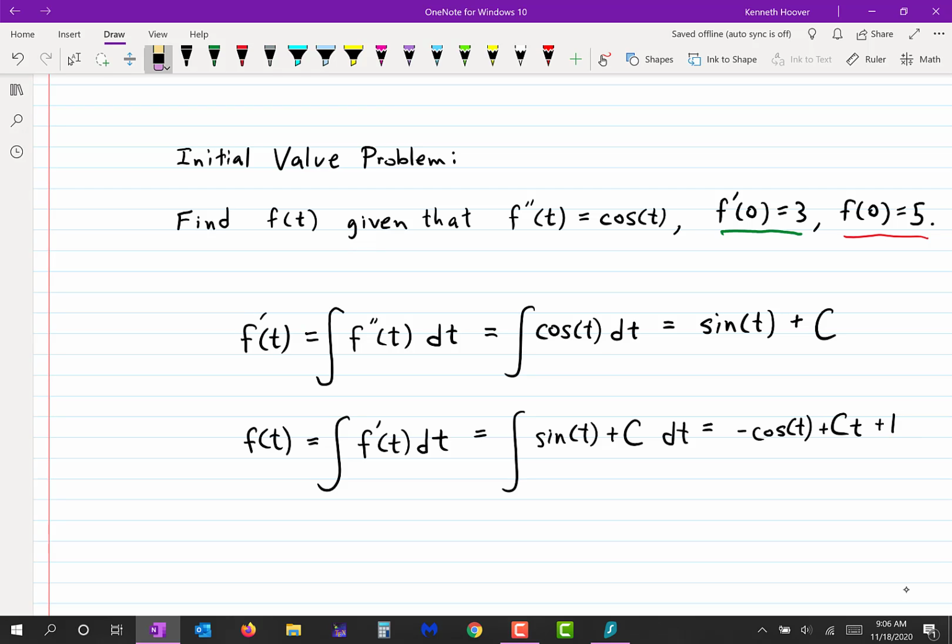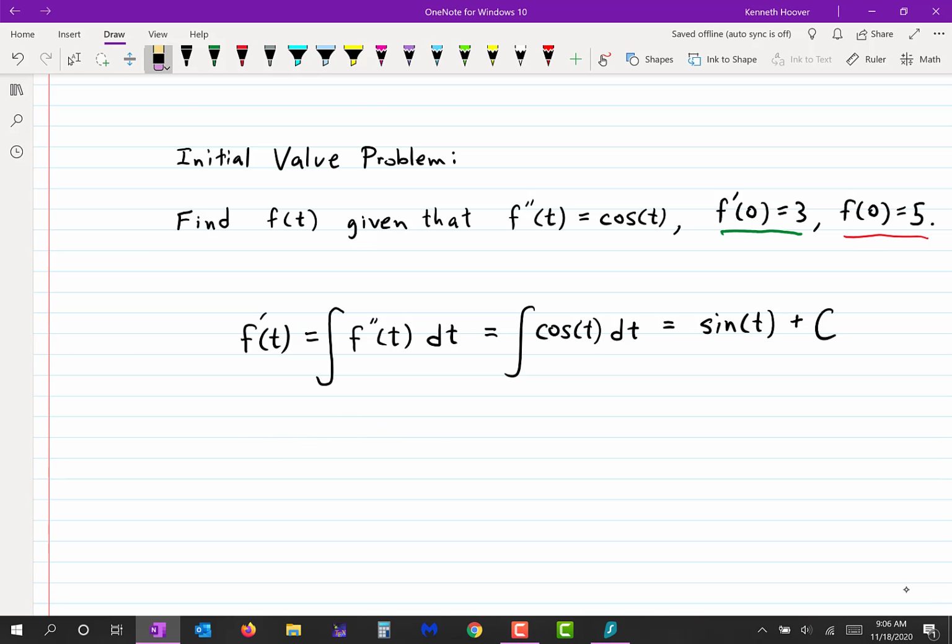Let me erase this second line here, because before I even got to that, I would use that information right there. I know that f prime of t equals sine of t plus a constant, and I also know that f prime of 0 equals 3. So let's plug in 0, and I write f prime of 0 equals, so they give me the value. They say it's 3.